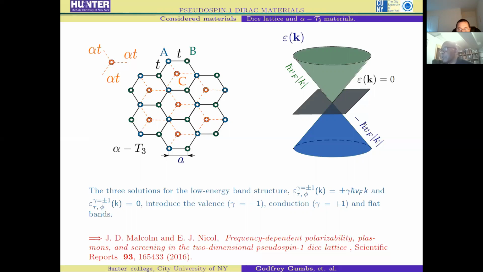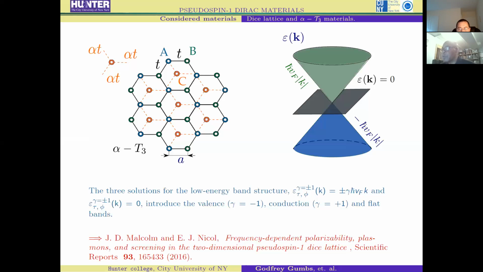Now the energies for the cones are going to be described by epsilon equal to plus or minus h bar v_F times k. So that's the cone structure, and we label the plus or minus by the letter gamma. So we have now introduced two parameters which we need to pay attention to. One is the alpha for the model, as well as this letter gamma, which labels the subbands.